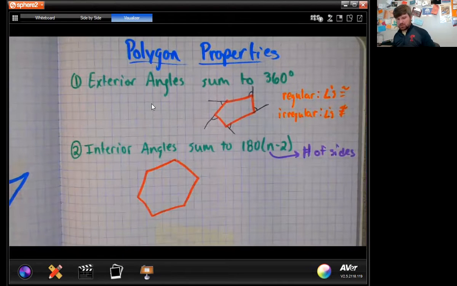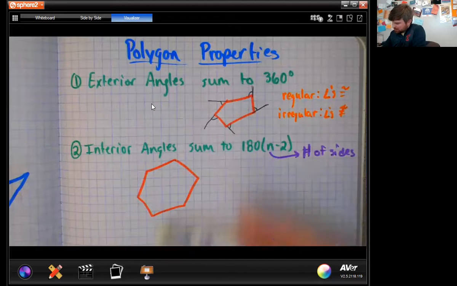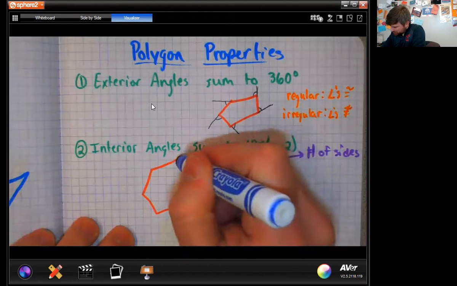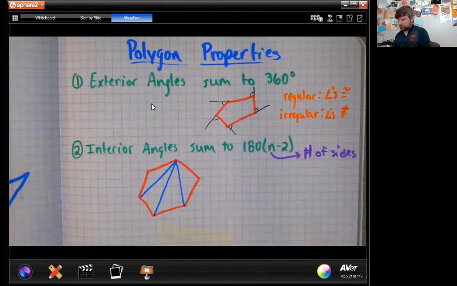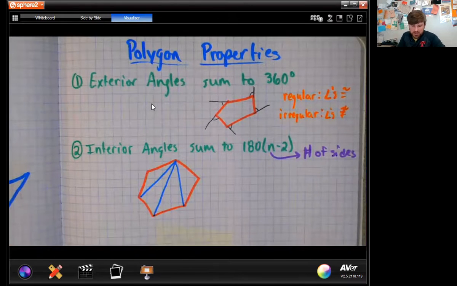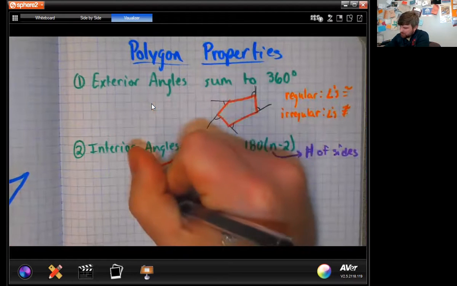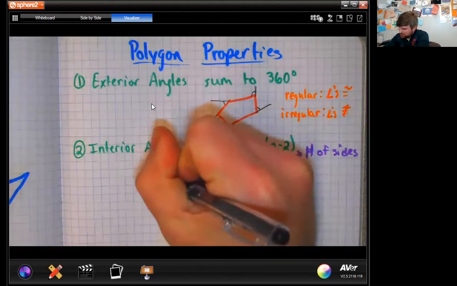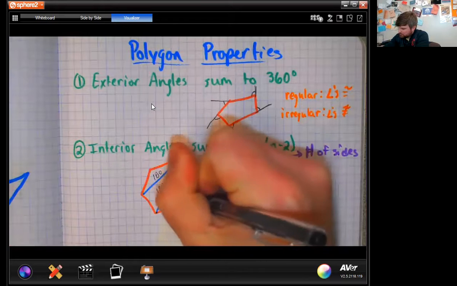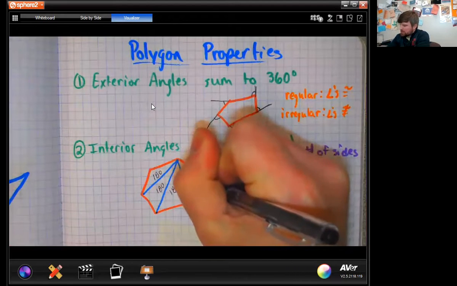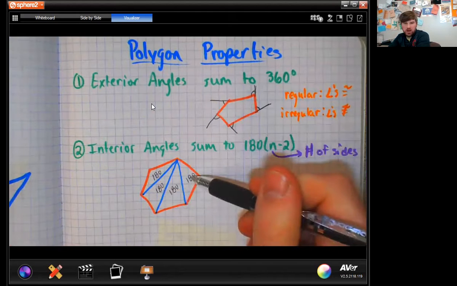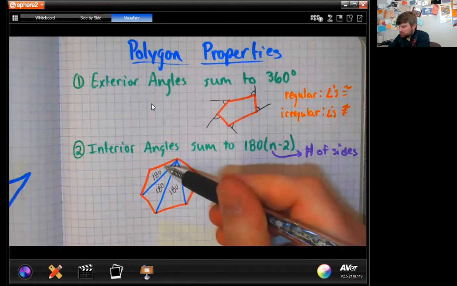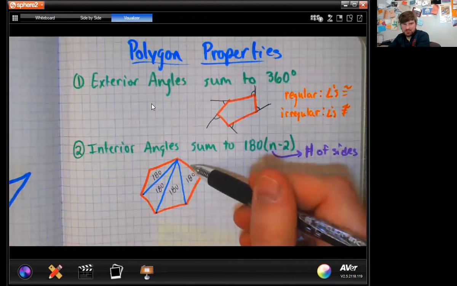What I can do is break this polygon up into triangles. And I know that in each triangle, the three angles on the inside add up to 180. In this case, there are 1, 2, 3, 4 triangles. Well, I had 1, 2, 3, 4, 5, 6 sides.